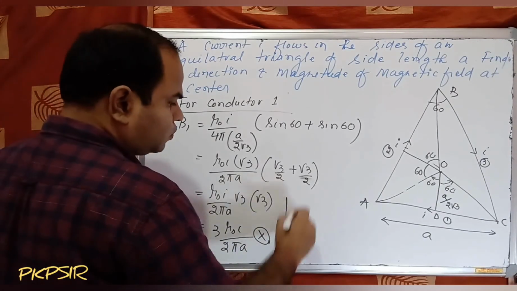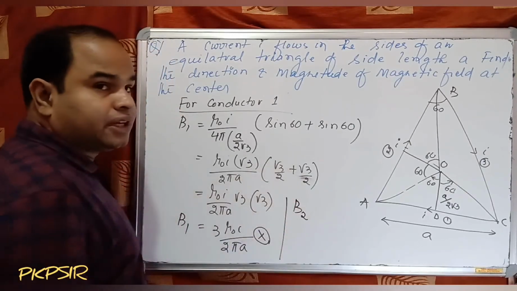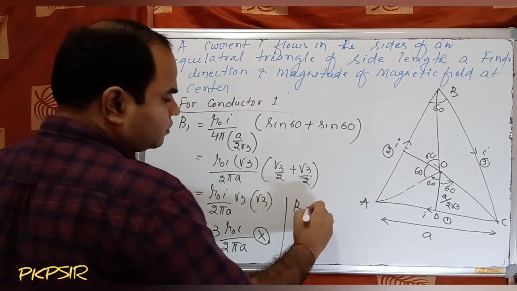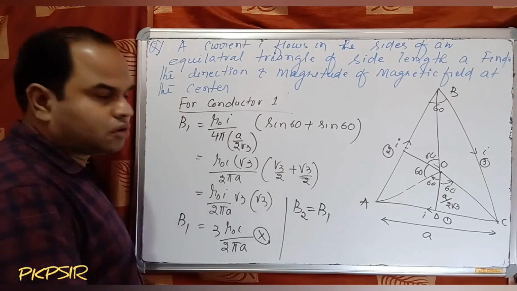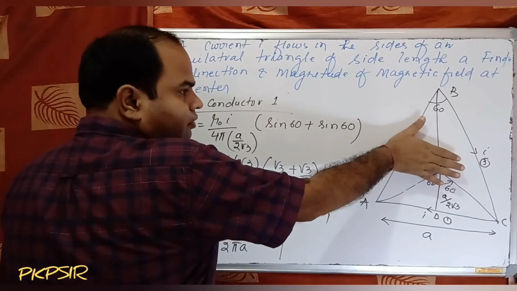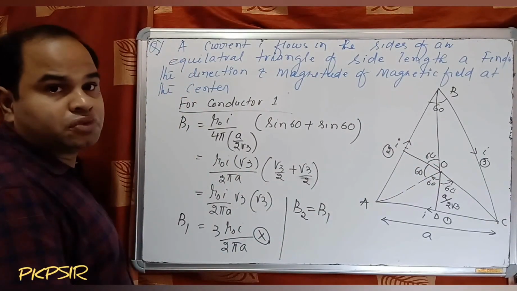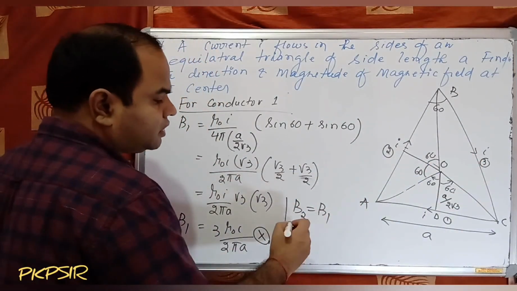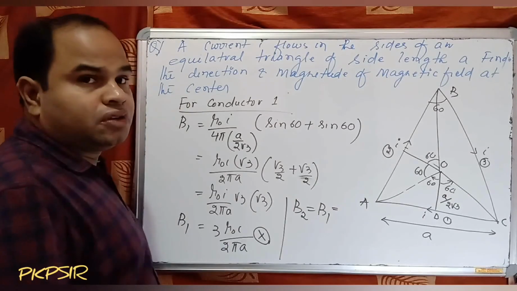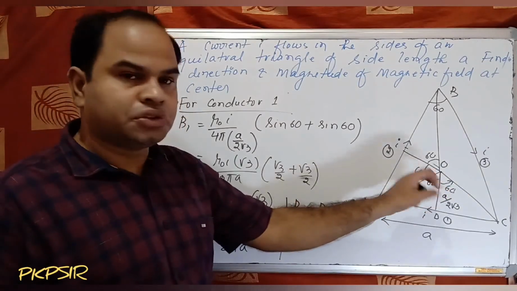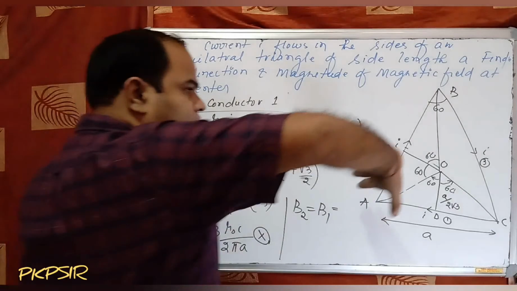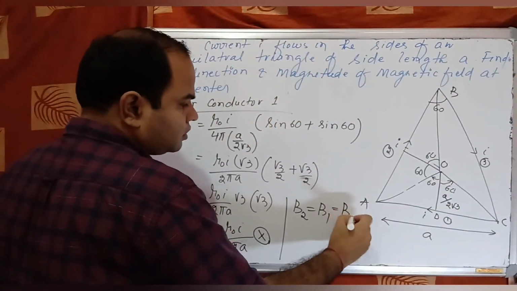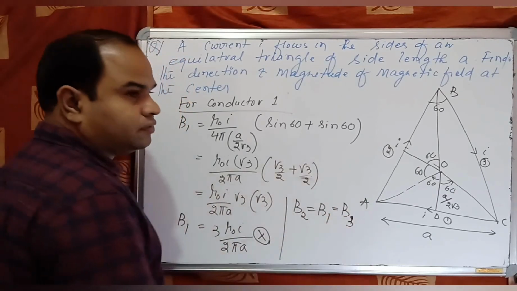So B2, the magnetic field due to the second conductor, has the same magnitude, so B2 is equal to B1. The direction: the current is such that at this point the magnetic field is inward. Same for the third conductor: let us say B3 is the magnetic field due to the third conductor. Here also the angles are 60, and the direction is also inward. We can say B1 is equal to B2 is equal to B3.